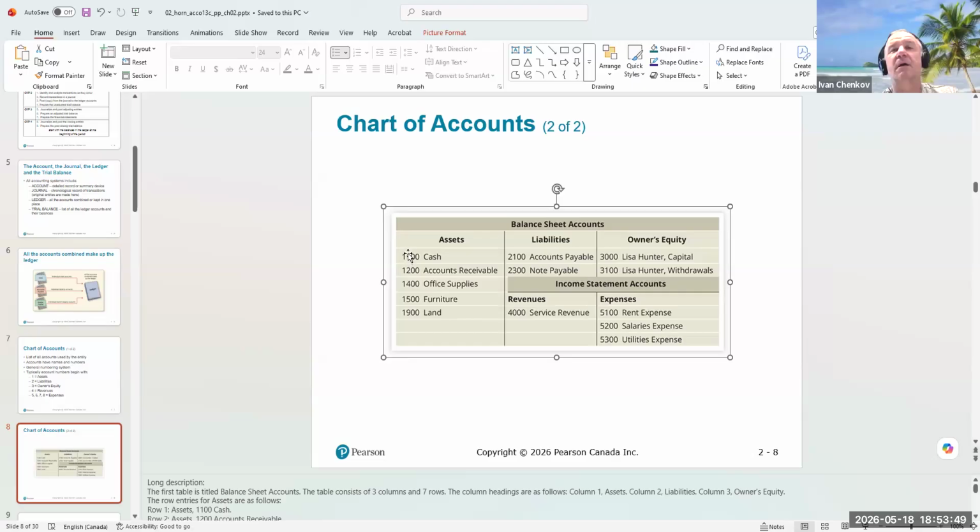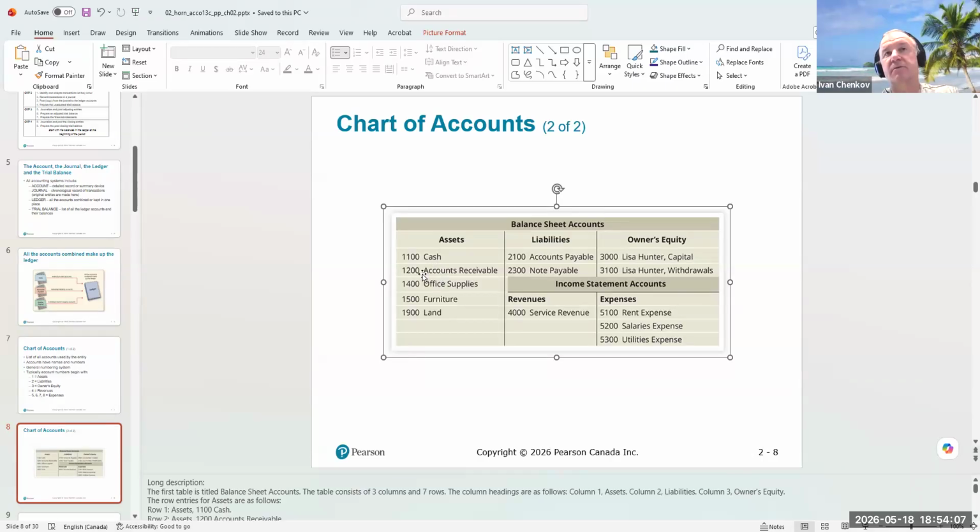As you can see now, within the 1100, I can have 1101, which can be Canadian dollars, 1102 US dollars, 1103 some other currency.